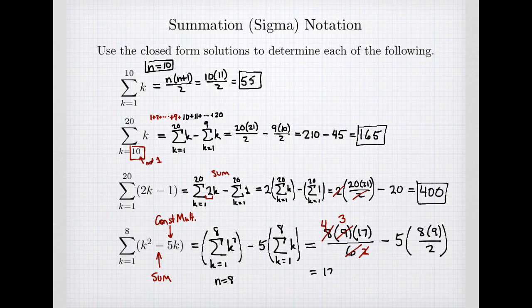So it's 12 times 17 minus, again, let's simplify, 8 over 2 is 4. 20 times 8 is 180, which gives me a grand total of 204 minus 180, or a total of 24. That's how summation works. See you in class.